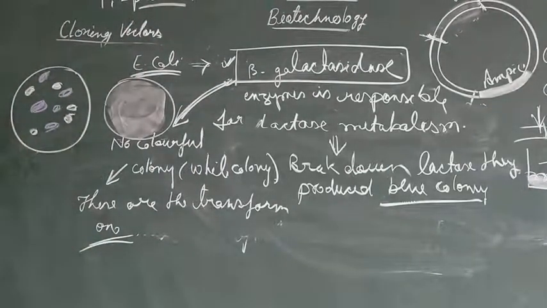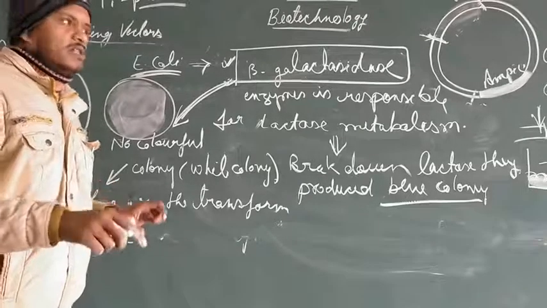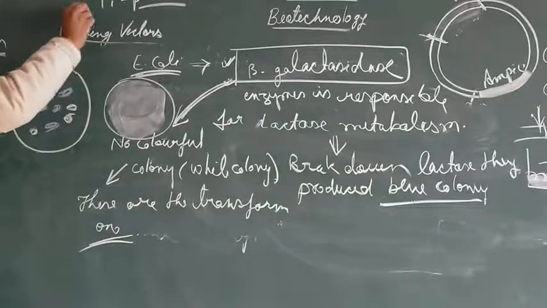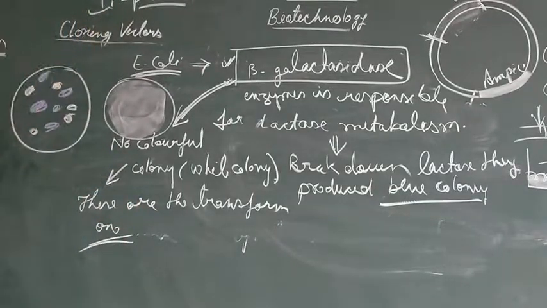In the case of animal cells, it is actually retrovirus, which is used as a vector, and through which we insert our desired genes. So Ti plasmid with the help of Agrobacterium in plants, and retrovirus used as a vector in the case of animals.